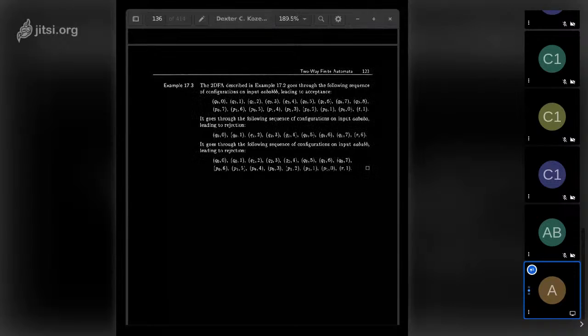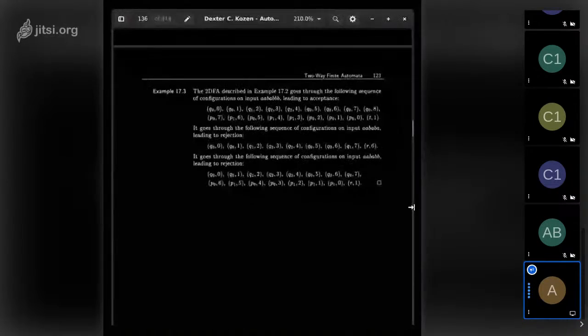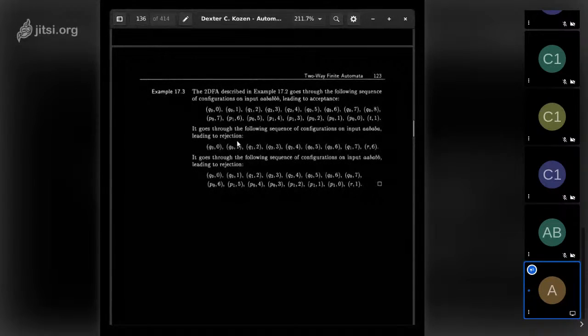This is the transition table of that two-way automaton we have defined. So for example, for that automaton, if you give the input, say here it is illustrated, A, B, B, suppose that is the input that we are giving, then let us see how the configuration change happens. Initially it is Q0,0 to start with. That means you are on the left end marker.